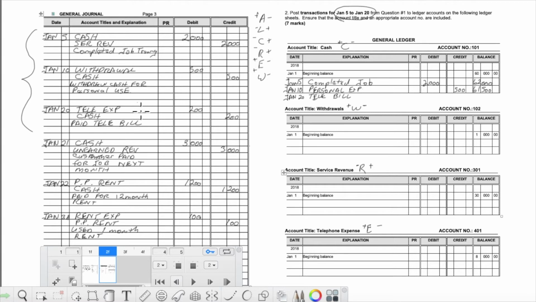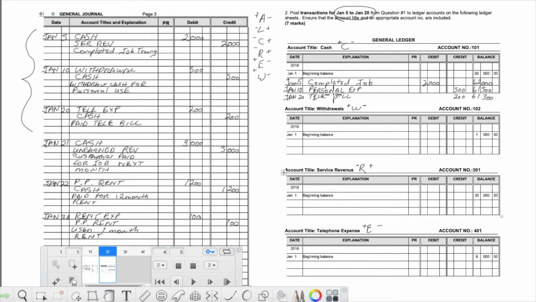And how much was it for? $200. And was it a debit or credit? It was a credit, so it would be over on this side. Since credits in this case are a subtract, we subtract it from the total, and you would end up with $61,300. Perfect.